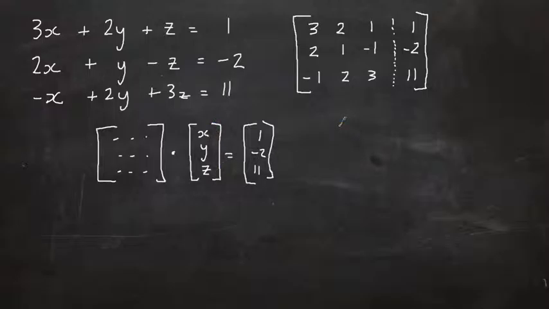Some of the rules of Gaussian elimination: you can swap any rows, but you have to use the whole row. So this first row you could put at the bottom. You can multiply any whole row by a number or divide by a number, as long as you do the same to each element.